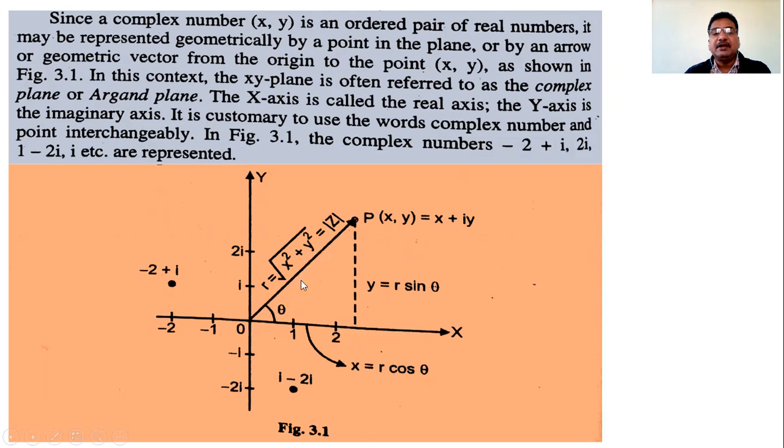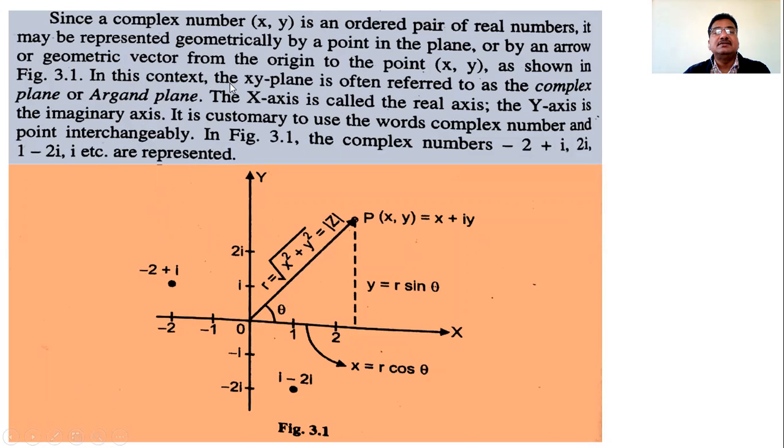So what is the geometrical meaning of modulus? The distance of the point P, that is x, y, from the origin is the modulus, and the angle made by the line with the positive x-axis is called its argument. So these are the geometrical meanings, as shown in the figure.